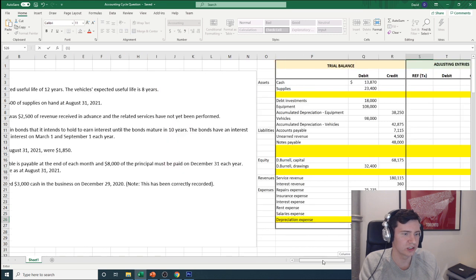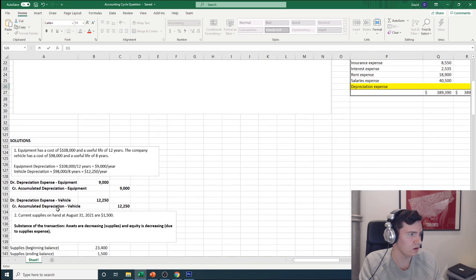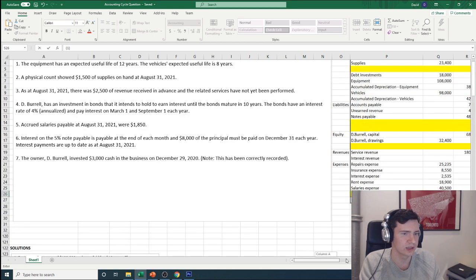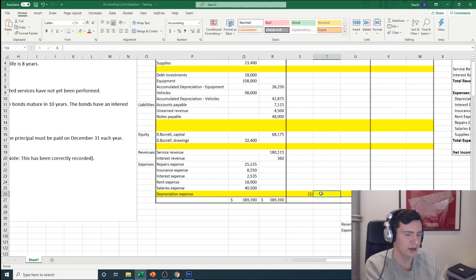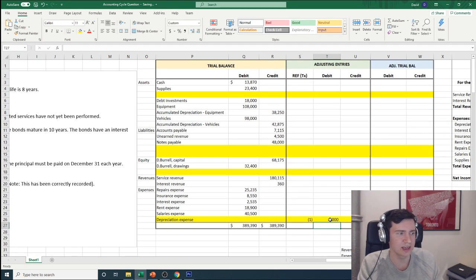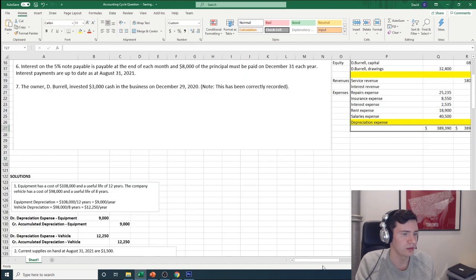So this is the first adjusting entry that we did. And what is the depreciation expense? Well, the depreciation expense is going to be $9,000. So we're going to take that $9,000, enter it in there. So that's the debit side of that first adjustment. Now we need to do the credit side. So what's the other side of it? Let's go back to our adjusting entry. So all we're doing is we're just carrying over these amounts.